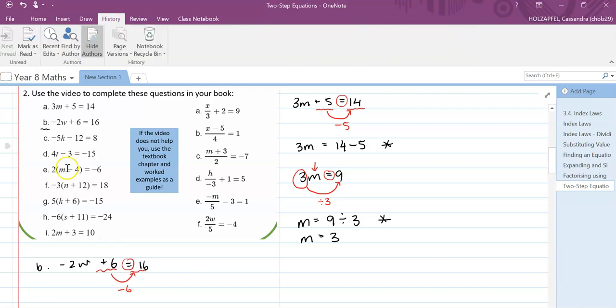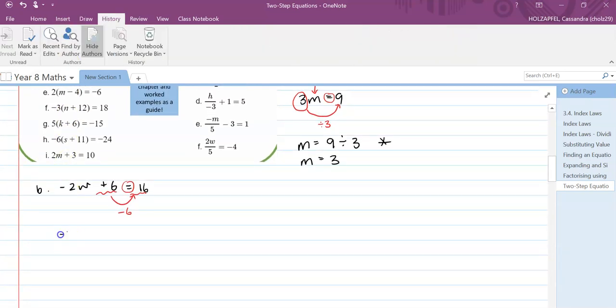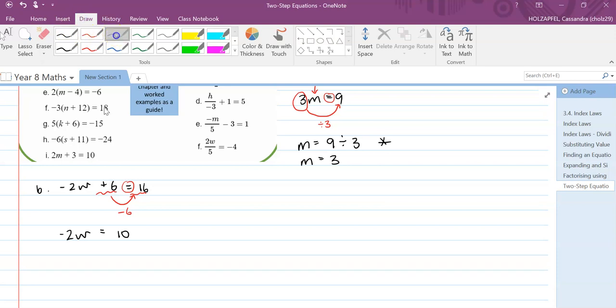So we end up with negative 2w is equal to 10. The last thing that we need to do now is isolate. So we're going to divide by this coefficient out the front, and we're going to end up with w is equal to negative 5.